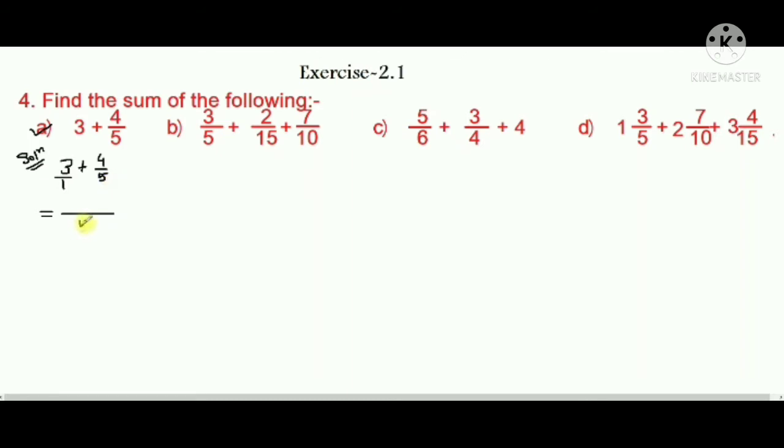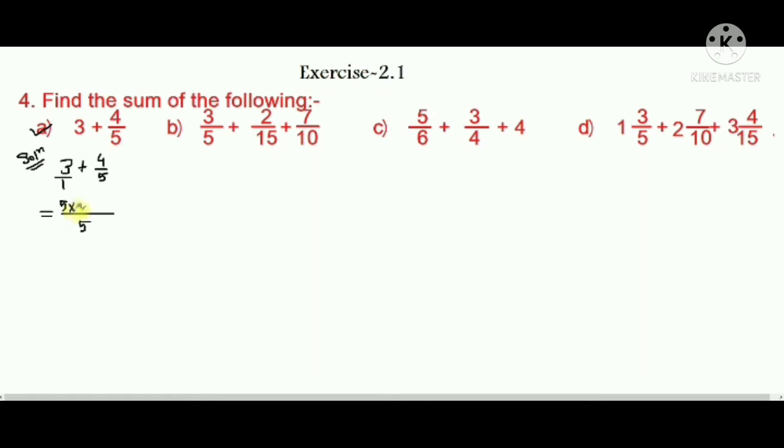So LCM is 5. What will we multiply with this 1 to get 5? If you multiply 1 by 5, then you will get 5. Now above the 1 there is 3, so we'll multiply it as 5 into 3.